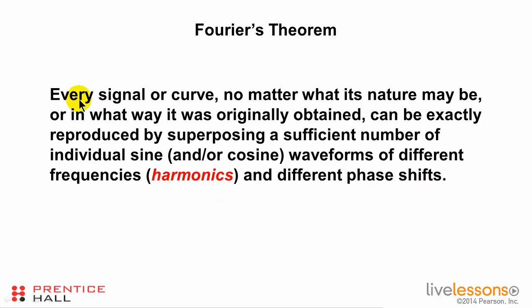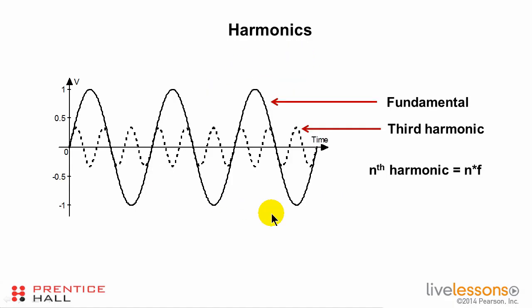That is, every signal or curve in our circuits can be exactly reproduced with a string of sufficient number of individual sine and/or cosine waveforms of different frequencies and different phase shifts. That's what we do when we go through Fourier analyses.